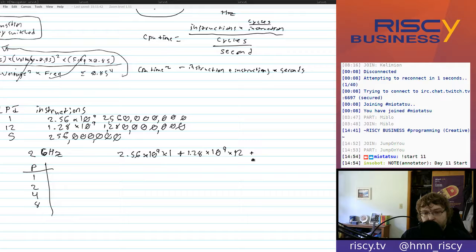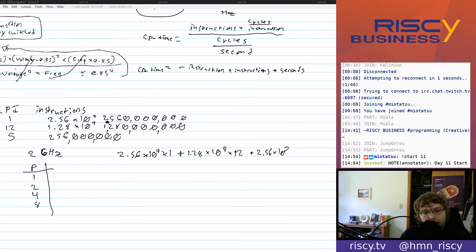Plus 2.56 times 10 to the 7th. Or wait, 1, 2, 3, 4, 5, 6. No, it would be times 10 to the 8th. Is that right? Because like, 1, 2, 3, 4, 5, 6, 7, 8. Is that correct?